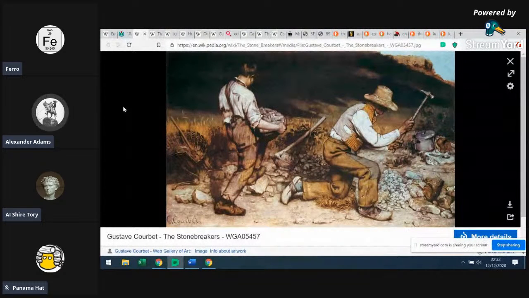It's pointing things out, but also suggesting that there should be change. Courbet, as we'll see, later gets involved with the Paris Commune, which was an explicitly left-wing, communistic uprising in the center of Paris following the humiliating defeat in the Franco-Prussian War.